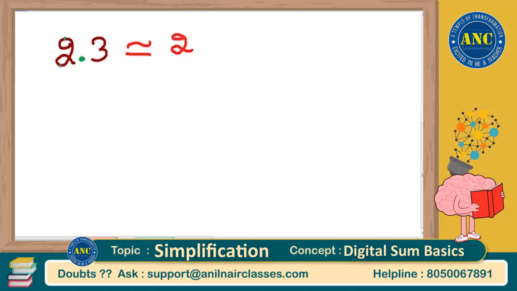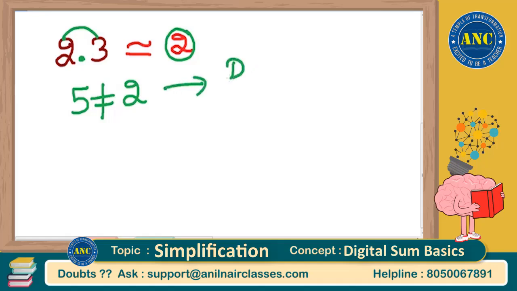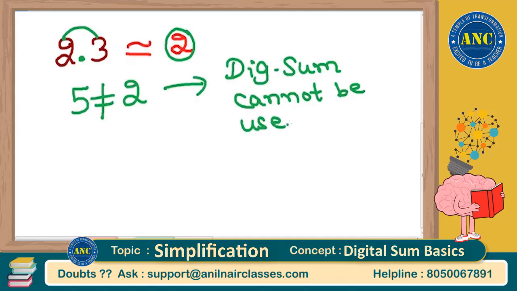Your doubt also is clarified by this example, sir. If there is a decimal point, you can ignore the decimal and then find the digital sum. 2 plus 3 digital sum is 5, whereas the digital sum of 2 is 2. Are they equal? No, they are not equal. That means digital sum cannot be used when the values are approximated.